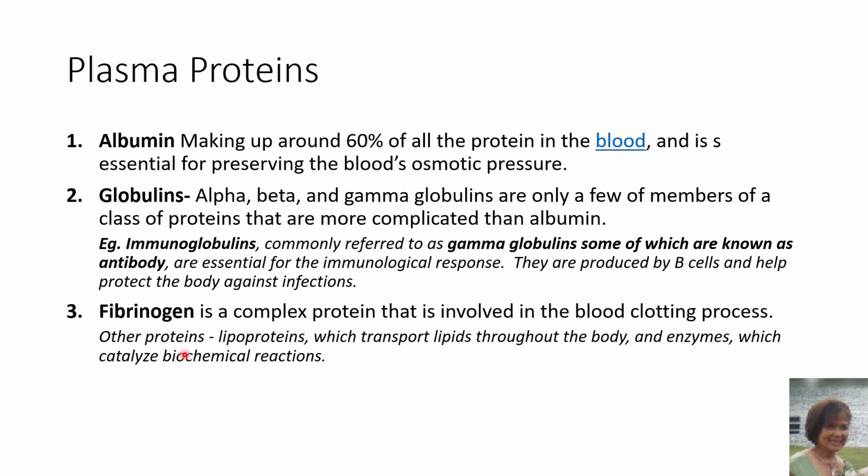And finally, the last one is a complex protein called fibrinogen, which is involved in the clotting process. And there are other proteins besides the fibrinogen, the globulin and the albumin that are part of the plasma, but they are found in smaller quantities, such as your lipoprotein, which transports lipids throughout the body.